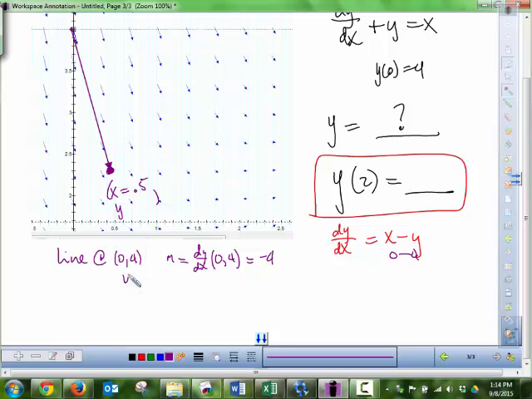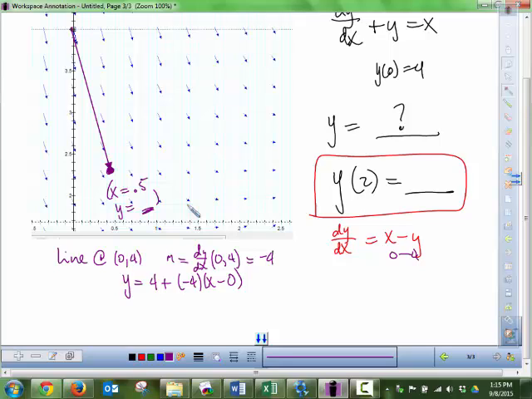What was the line again? y is equal to 4 plus -4 times x minus 0. So what if I go to that point? What should my y value be? I took my tangent line and I stretched it out, followed it all the way down until I have the next value of 0.5. Where do I end up?